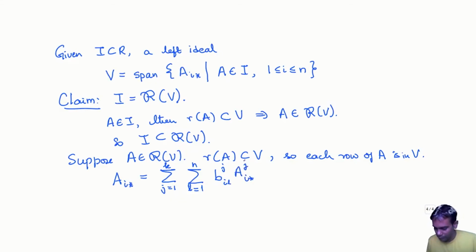So this is just what it means to say that A_i* is in the span of the rows of matrices in I, where these A_1, A_2 up to A_k belong to I.